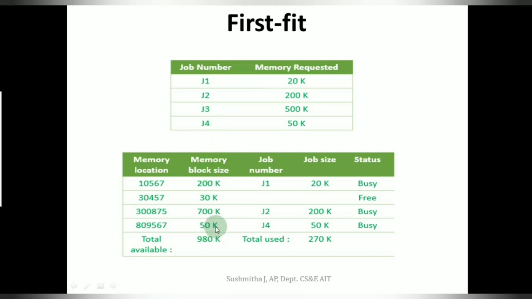No, there are no available holes, so job 3 has to wait in the input queue. And next we have job 4. For job 4, the next available hole is 50K. So you can see here there can be a hole that is not at all used.